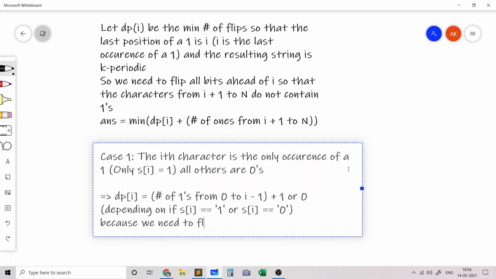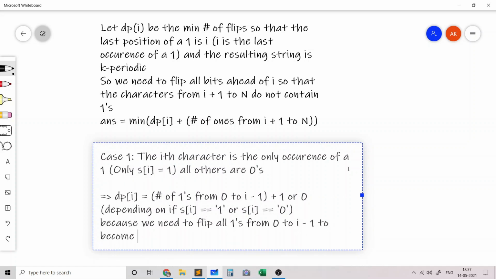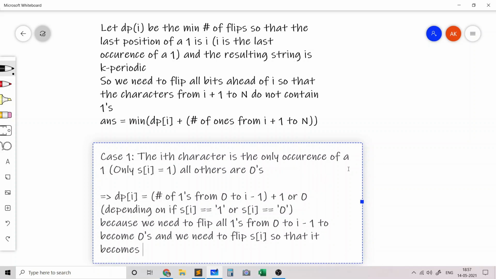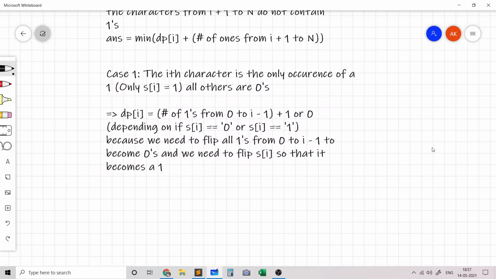We need to flip all ones from 0 to I minus 1 to become zeros, and we need to flip s of I so that it becomes a 1. So if s of I is 0, then we would add 1 to our dp value, and if s of I is 1, then we would add 0 to our value. And that's the case 1.